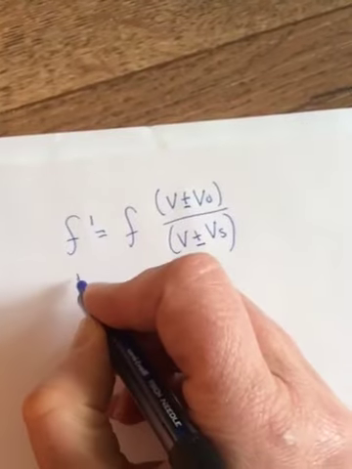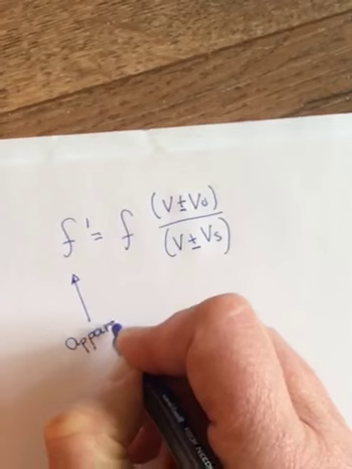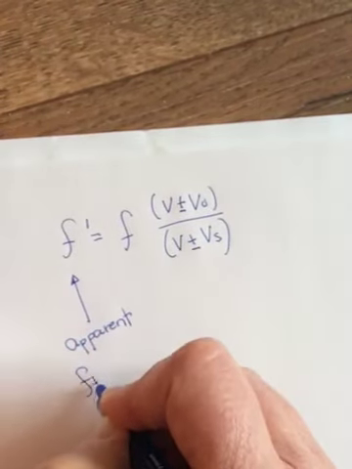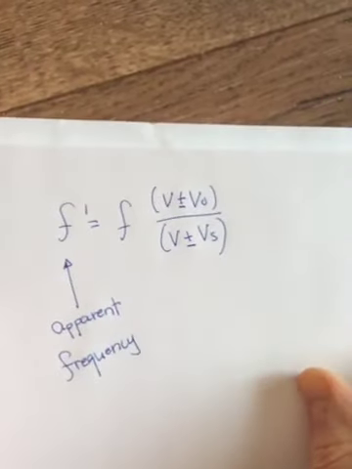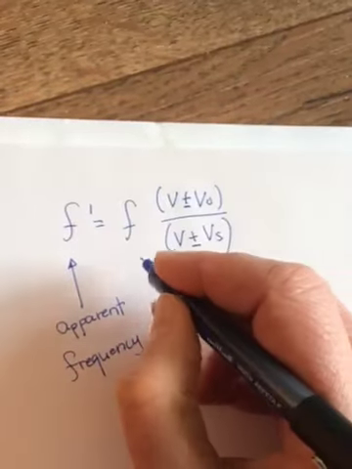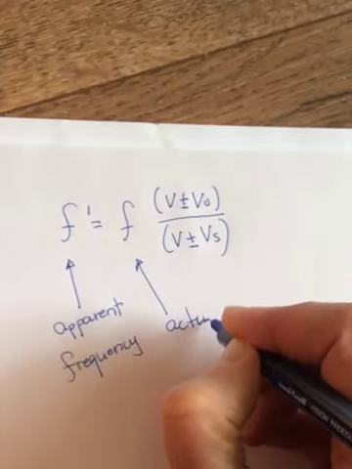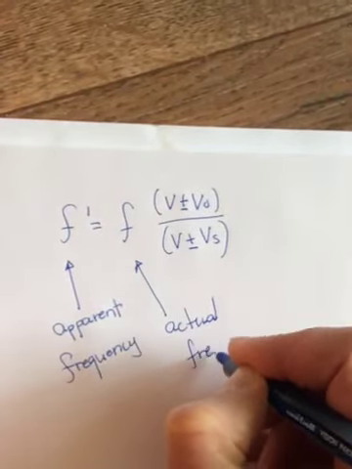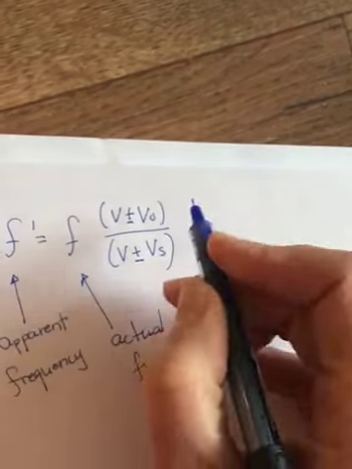This F with the dash is called F prime, and it's the apparent frequency. It's the frequency that you hear or see as a result of the source and the observer moving with respect to each other. The regular F is the actual frequency. If you look at the rest of the equation, you will see there are 3 V's.